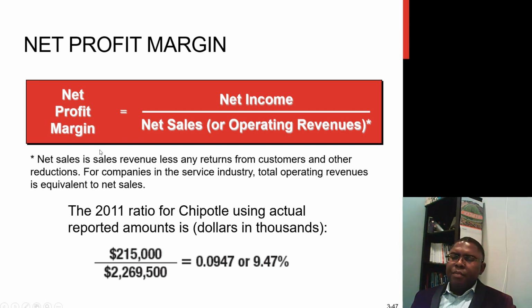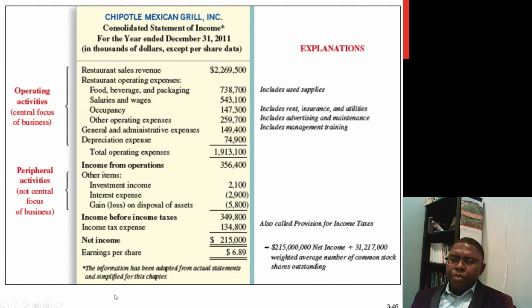In computing the net profit margin, it is simply the net income divided by the net sales. So in the last income statement I just projected, as I go back, the net income is 215,000, and the net sales, so the sales revenue, is 2.2 million.